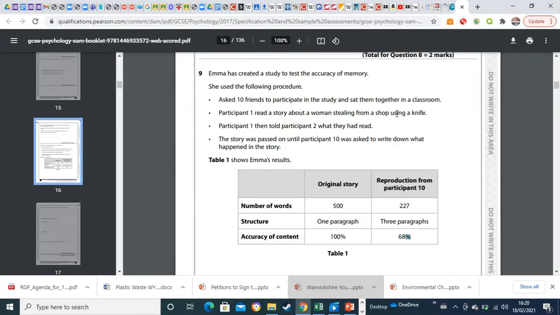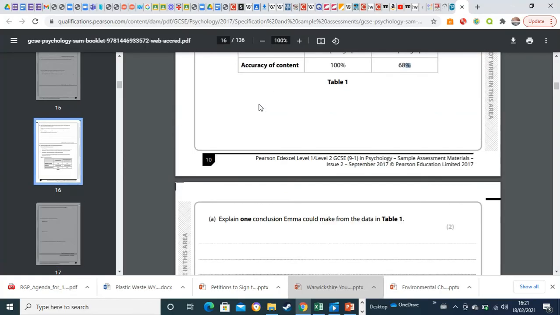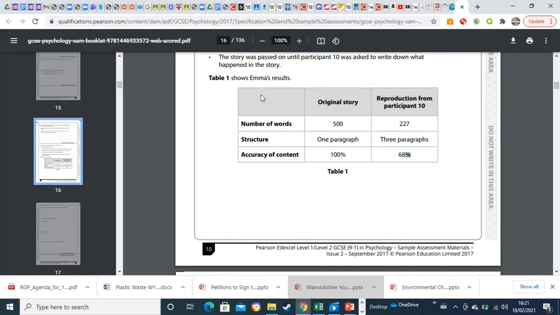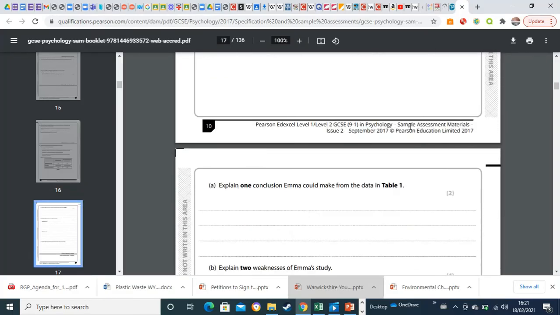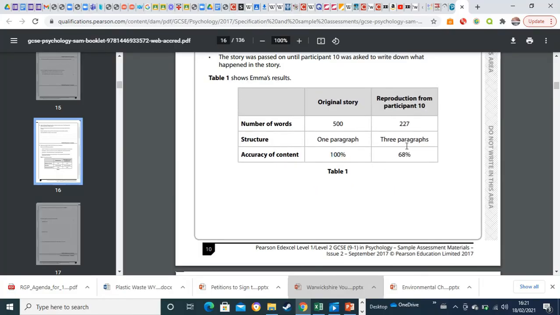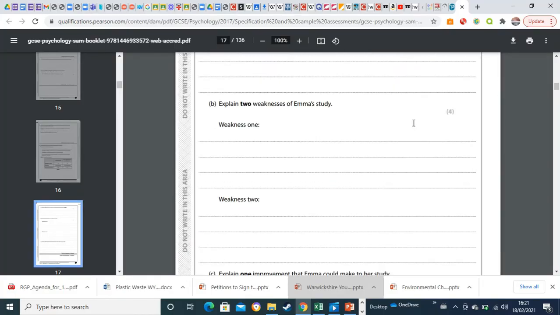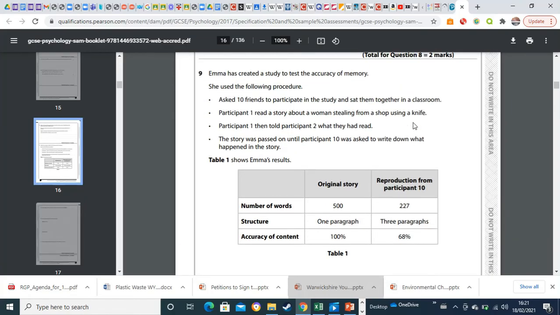So what you could conclude is that information naturally decays if not rehearsed, for example, and you could use that by talking about the accuracy of content or the number of words. Two weaknesses, you could say: because it involves multiple participants dependent on each other, it isn't actually about the accuracy of an individual person's memory, and it doesn't actually get 10 results, it only gets 1 result.